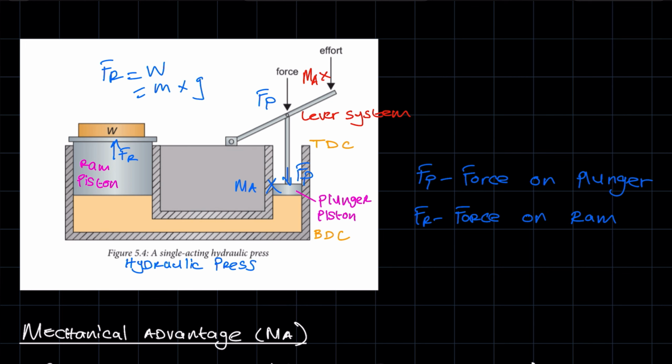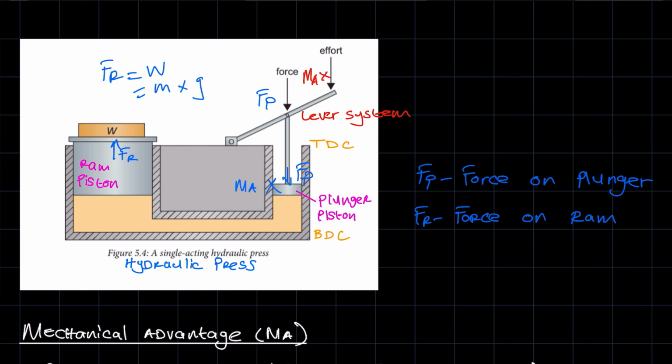For engineering science, g, the gravitational acceleration, we take as 9.8, and then if you have FR, you will solve from this equation for the mass. Similarly, if you have the mass of the object sitting on the ram and you have to make use of FR, you simply calculate the weight, and that weight will be equal to FR.